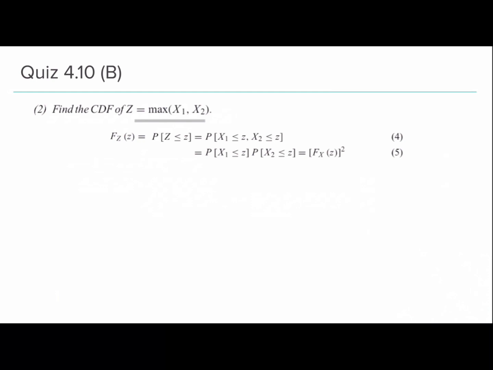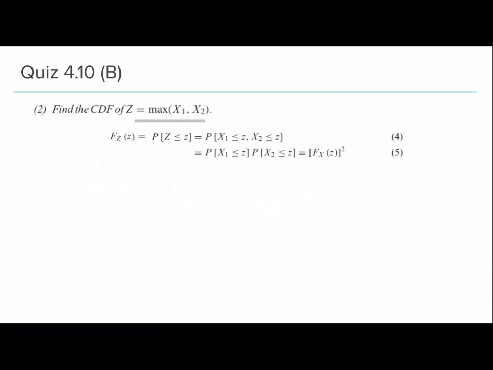So the CDF of z, Fz of z, which is the probability that z is less than or equal to small z, is the same as the joint probability that x1 is less than or equal to z and x2 is less than or equal to z. If both of them are less than or equal to z, their maximum value, which could be either x1 or x2, would also be less than or equal to z, right?